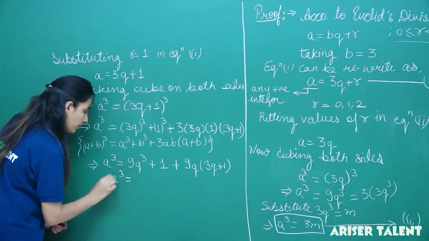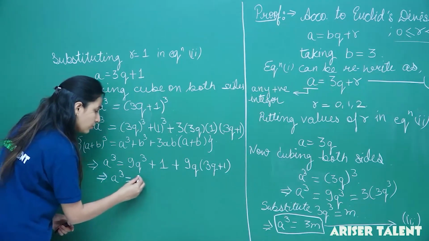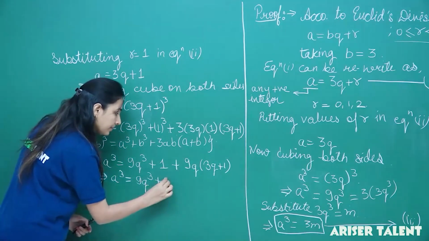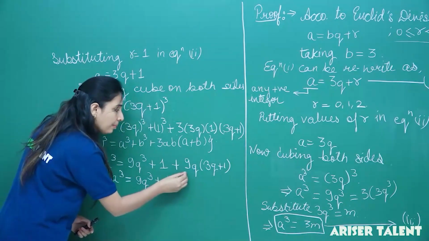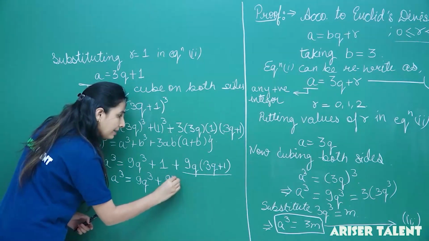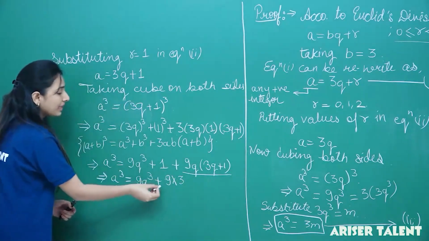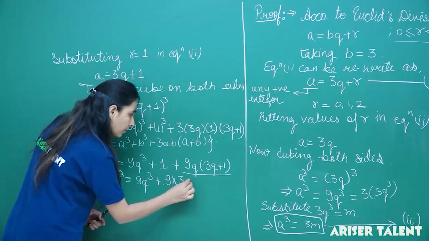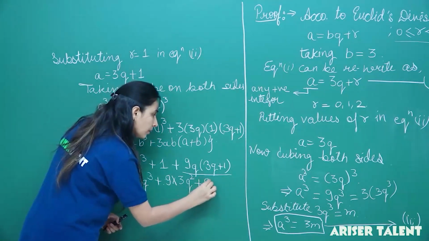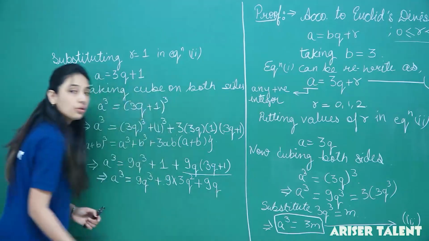Again, a cube equals 27q cube plus, I am putting this equation here. Okay. So, it will be 9 multiplied by 3q square plus q.